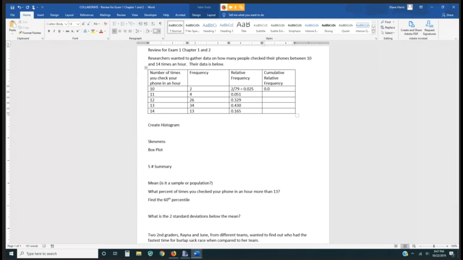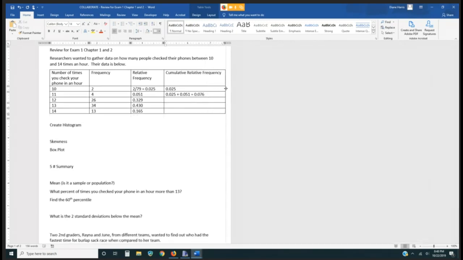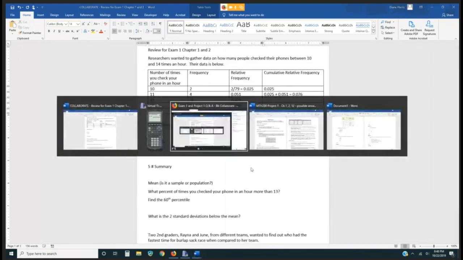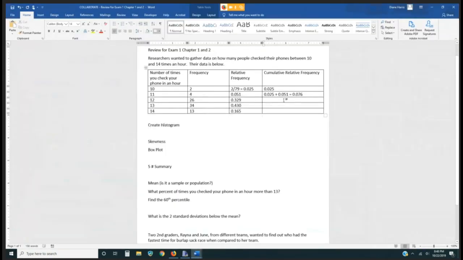This first one is always going to be whatever the first relative frequency was. The next one down, we are going to add 0.025 plus the 0.051, and we're going to get 0.076.